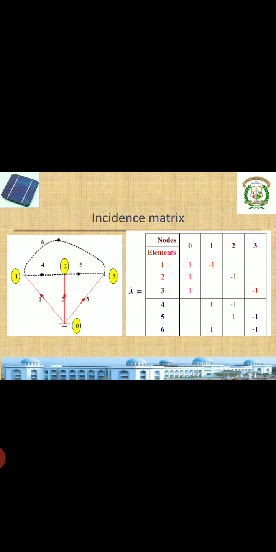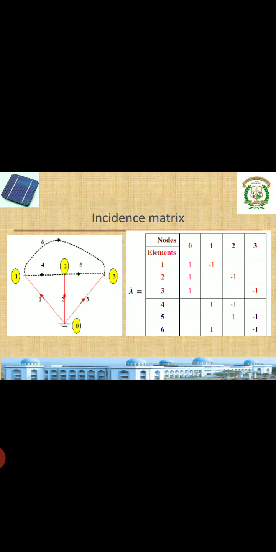In the previous class I told you there are branches and links, and together the sum of branches and links we call elements. How do we decide which elements are branches and links? The number of nodes excluding the reference node gives the number of branches, and all the remaining ones we consider as links. So we will write the incidence matrix here.